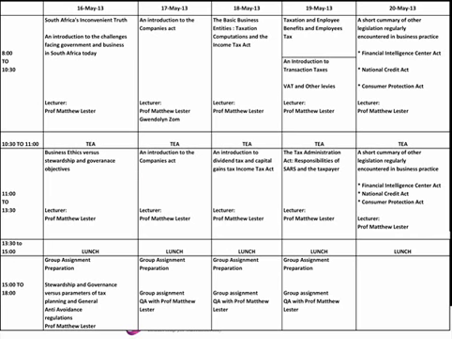Finally, in the late afternoon, we will be looking at the parameters of tax planning and general anti-avoidance regulations. How far can you push your tax planning, and how does that compare to stewardship and governance objectives and corporate governance objectives?